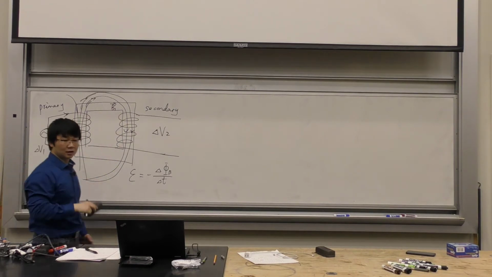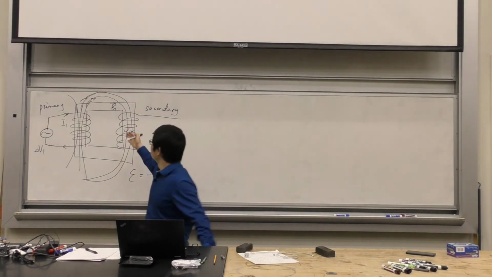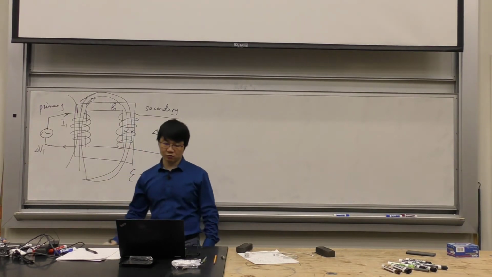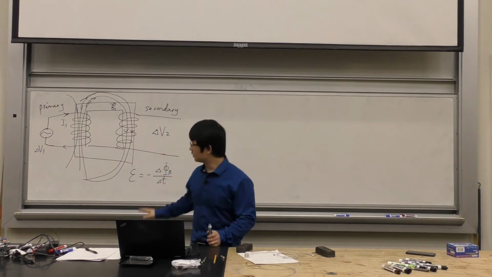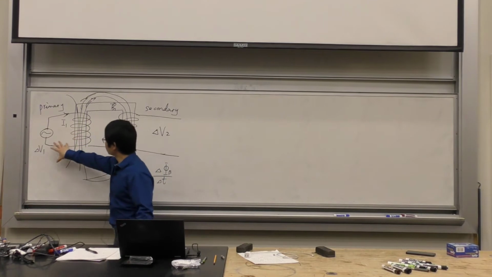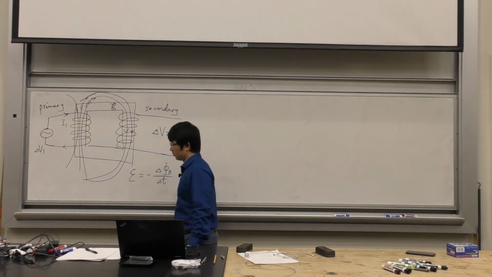That's the reason we wrap them on the iron core, to make the magnetic field through the secondary core very, very strong. So even though this mechanism is a little bit complicated, everything is changing, so I get an induced EMF.